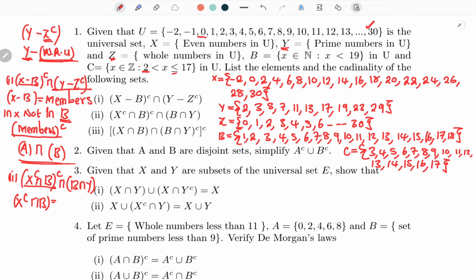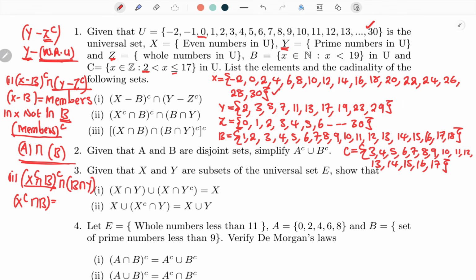X complement, what does it mean? Complement means outside of. So you collect all the members that are in set X, remove them, then collect whatever remains in the universal set. You remove all the X values, and whatever you remain with in the universal set is your X complement.